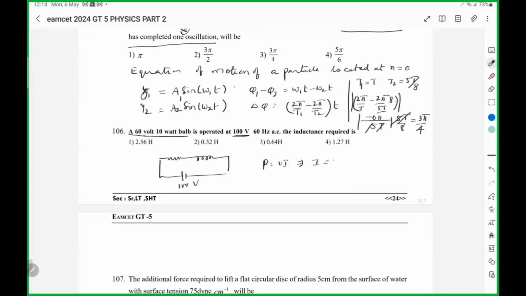Current through it will be power, 10 by 60, so 1 by 6 amperes current is flowing through this. Then we have to calculate the inductance.